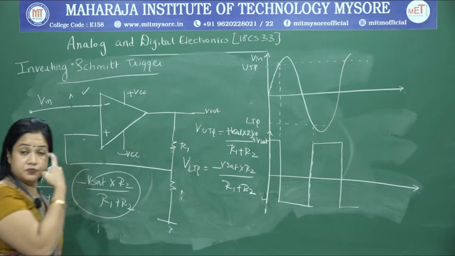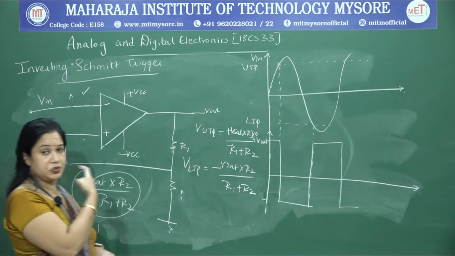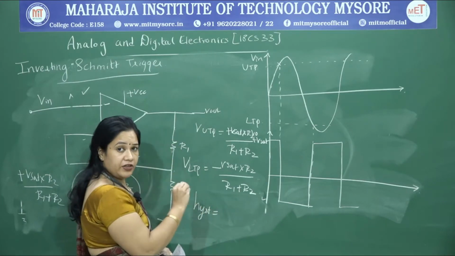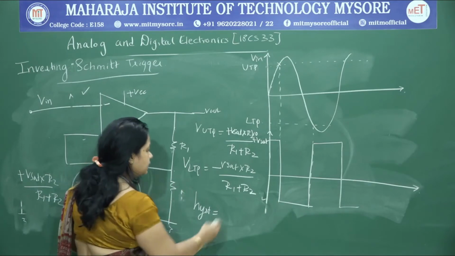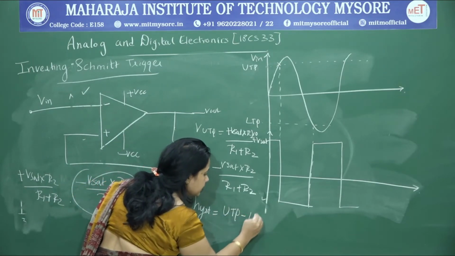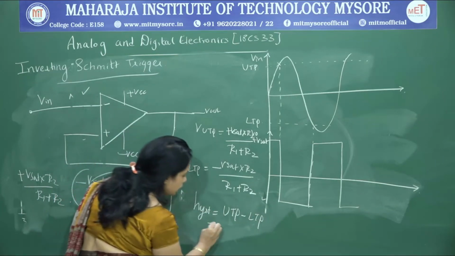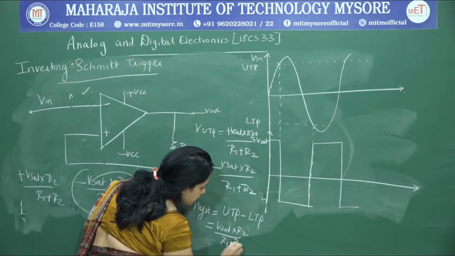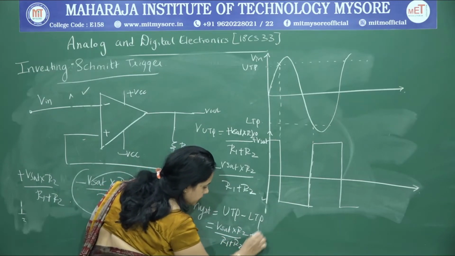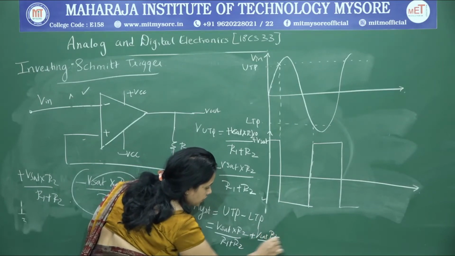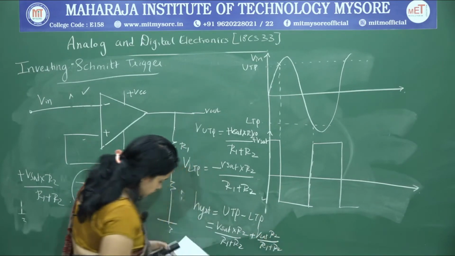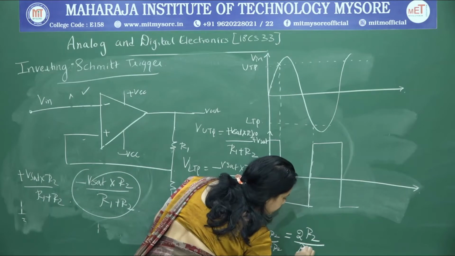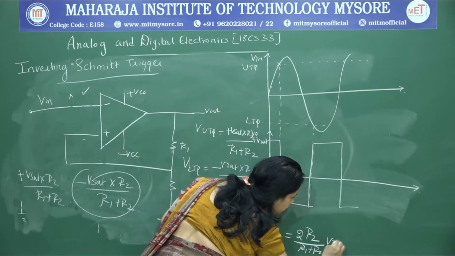Because it is a comparator with hysteresis, we call the hysteresis the difference between the upper and lower threshold points. So, can I write it as UTP minus LTP? If I do so, it is Vsat into R2 divided by R1 plus R2, minus of minus becomes plus, Vsat into R2 divided by R1 plus R2. So, this is going to be 2 into R2 divided by R1 plus R2 into Vsat.